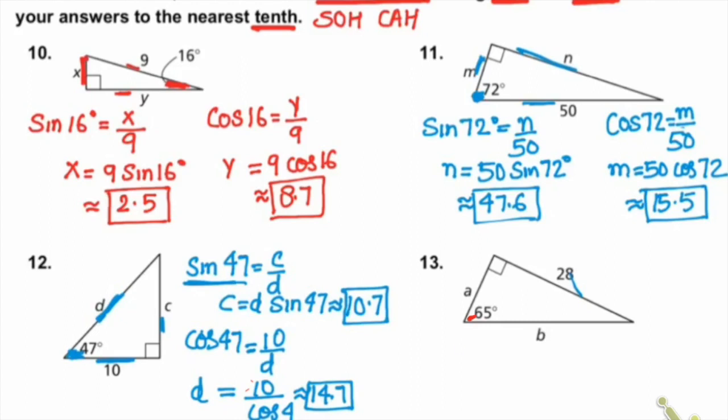So I write sine 65, using the sine and cosine ratios. For sine 65, this is the opposite, this is the hypotenuse, so that's 28 over b. When I cross multiply, b is going to be 28 over sine 65. When you solve it, your answer is roughly 30.9.